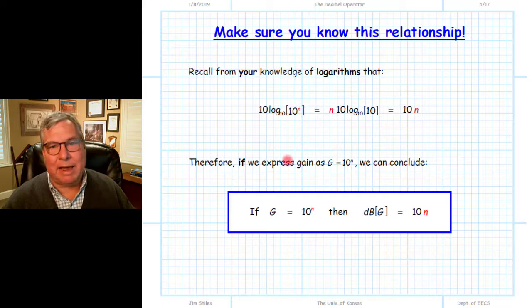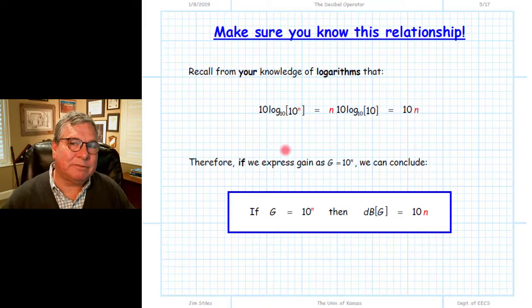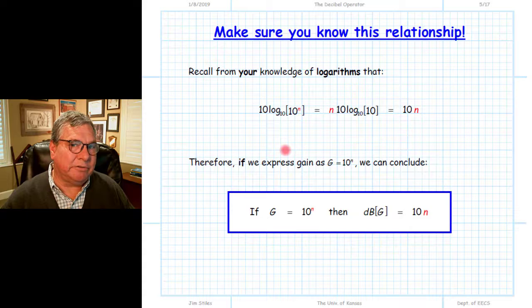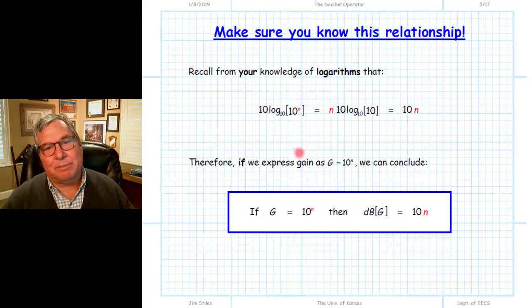Yes, we could have mathematically got there by taking 20 log 10 of the magnitude of our voltage gain. But the result again is not the magnitude in decibels, it is the magnitude squared in decibels. And this is something that is done, in my view, incorrectly over and over again in many textbooks. When it comes to voltage gain, they'll say the magnitude in decibels, when in fact what they really mean is the magnitude squared in decibels.